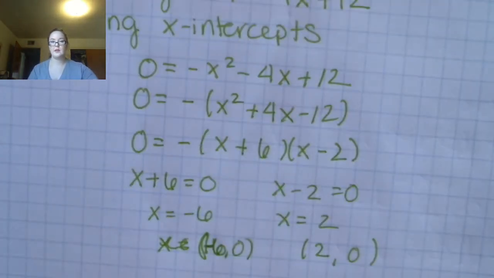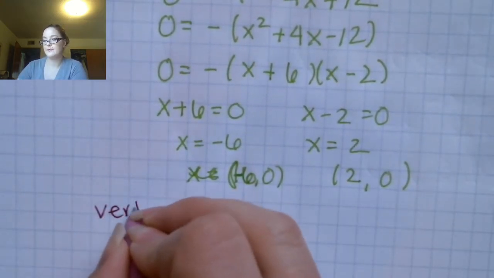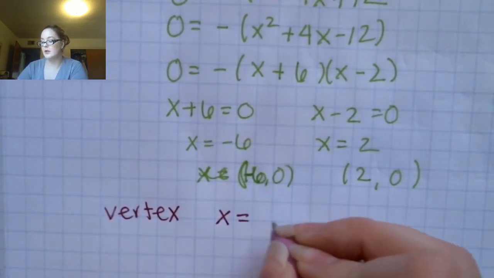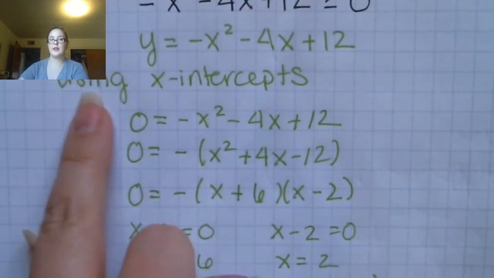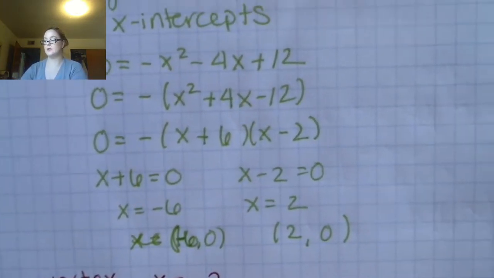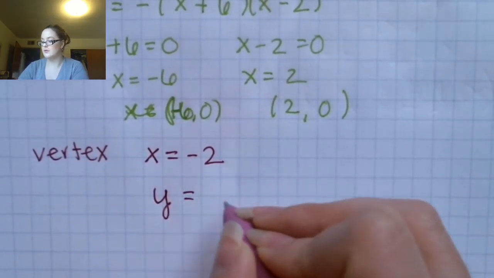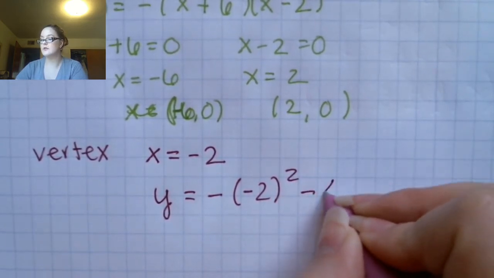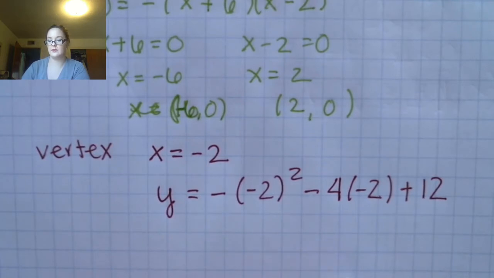All right. So for the vertex, okay, the x-coordinate is going to be -2. Okay. And then I'm just going to plug that into my equation like I normally do when I'm graphing. Okay. So I have y equals -x² minus 4 times x plus 12.